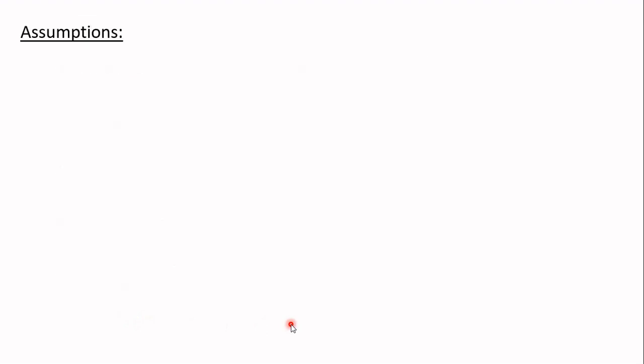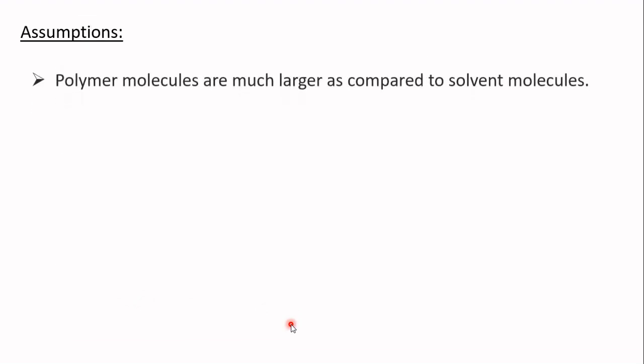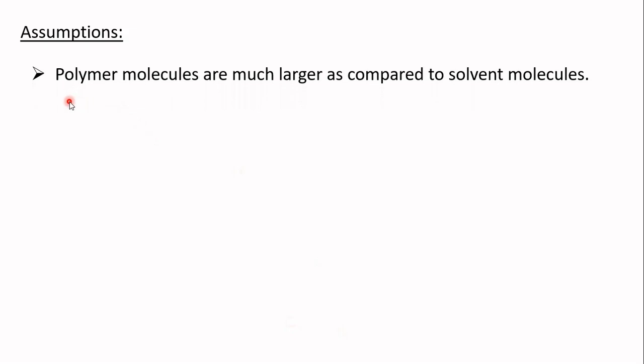Now let us consider what are the assumptions of Flory Huggins theory. The first one, polymer molecules are much larger as compared to solvent molecules. So Flory Huggins theory considers that the size of a polymer molecule is larger when compared to the size of solvent molecules.